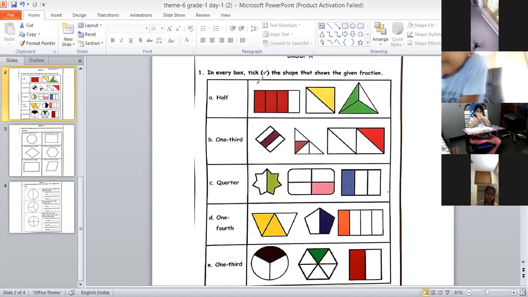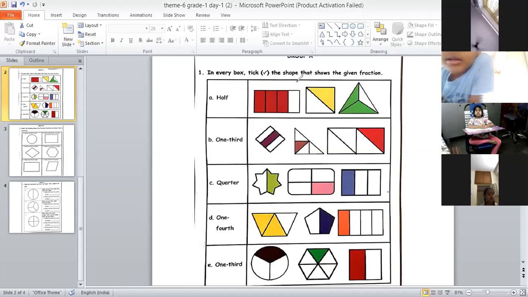Very good. Yes, children. How many parts? Let us count. 1, 2, 3 and 4. First shape is divided into 4 parts. But according to the question, Sai Ritvik, we have to look for half, right? Yeah, ma'am. So for half, shape should be divided into how many parts?